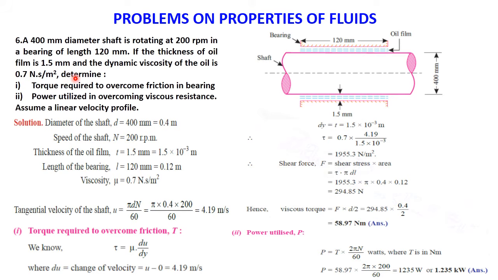If the thickness of oil film is 1.5 mm and the dynamic viscosity of the oil is 0.7 Newton second per meter square, determine first the torque required to overcome friction in the bearing, and second the power utilized in overcoming viscous resistance. Assume a linear velocity profile. I will request all of you to first read the problem for around 5 to 6 seconds.